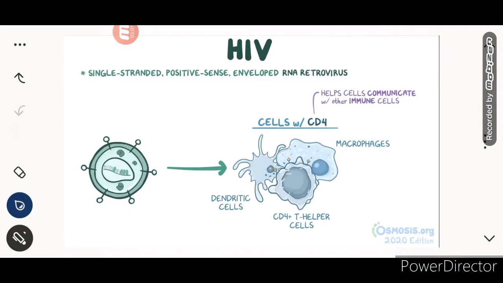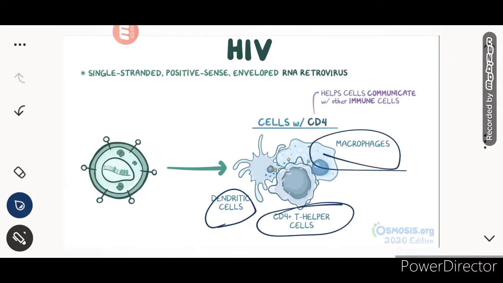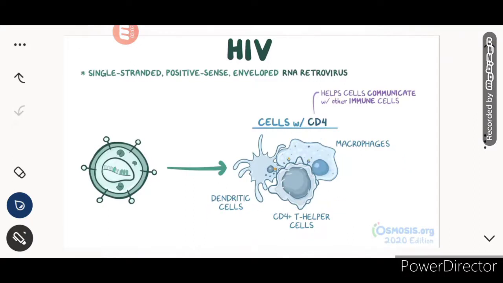CD4 receptors are found on dendritic cells, the CD4 T helper cells and the macrophages. This CD4 receptor helps to communicate with the other immune cells. It sends the signal that something abnormal is happening in the body, so gather around to kill it or mount an effective mechanism against it.